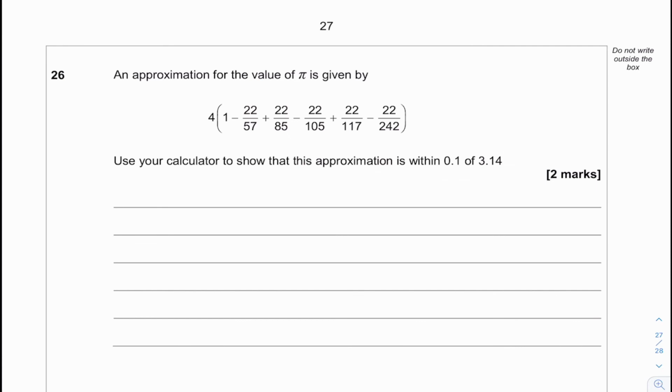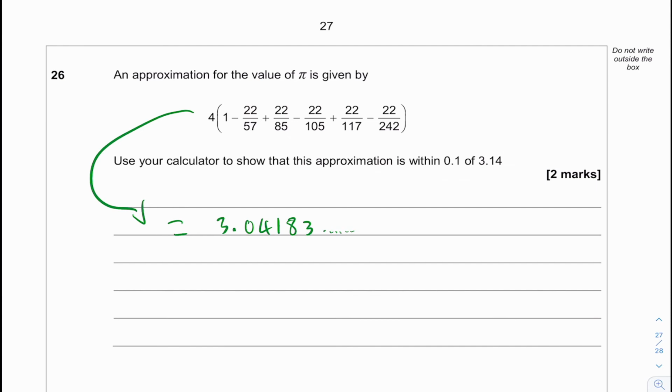Close brackets, and when we do that, we get, I'll just do an arrow here, so I'll say this is equal to 3.04183, and then I'll just put dots.